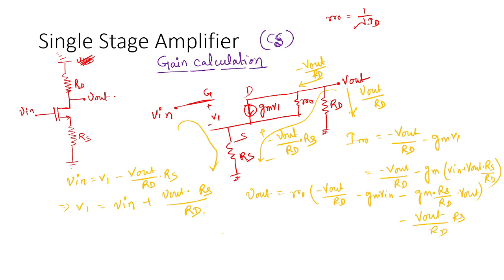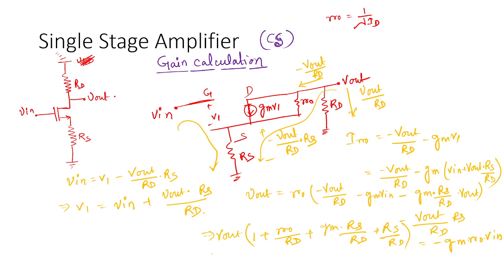Now if you take Vout common, it becomes 1 plus r0 by RD plus gm RS by RD plus RS by RD equals minus gm r0 Vin.